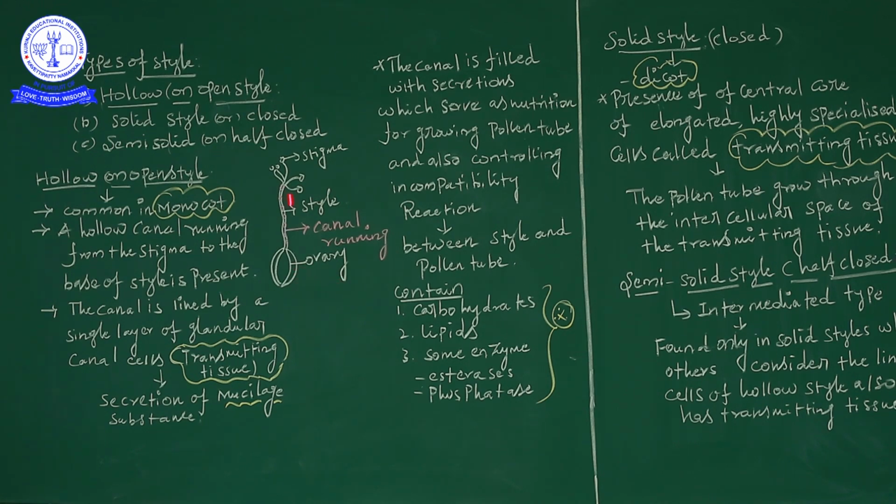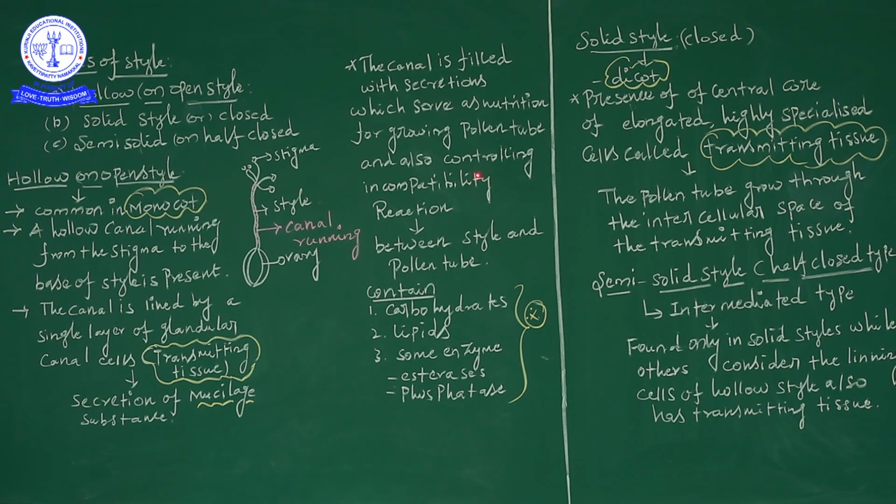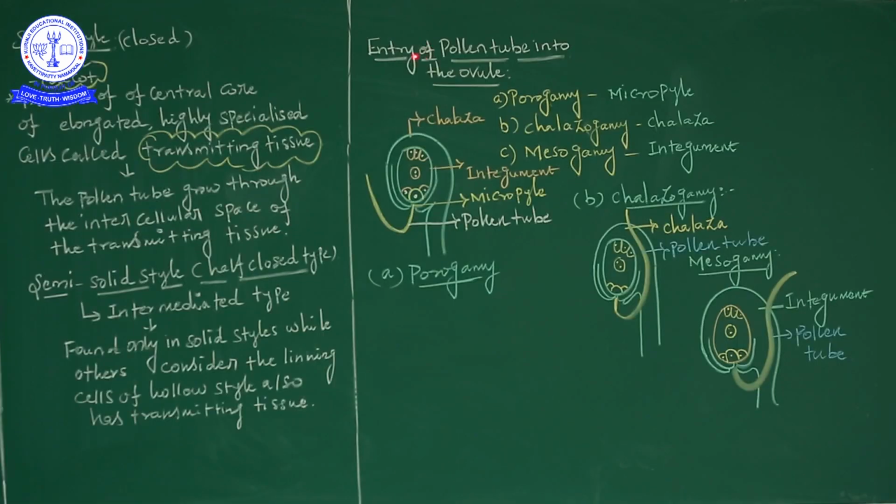Okay, and then the canal is filled with the secretion which serves as nutrition for the growing pollen tube, and also controls the incompatibility reaction, which is a process involved between the style and the pollen tube. Okay, some substances are also present which control the entry of the pollen tube into the ovule.